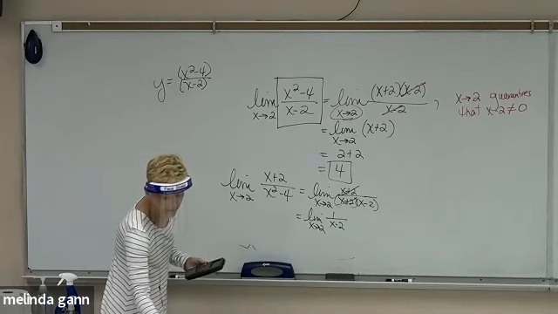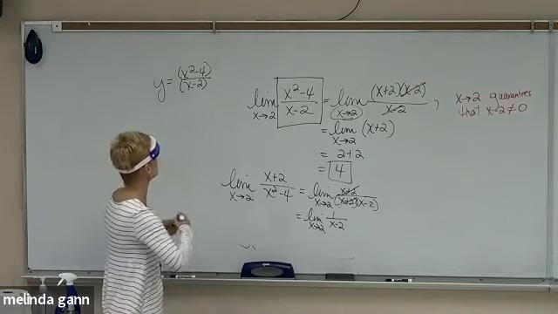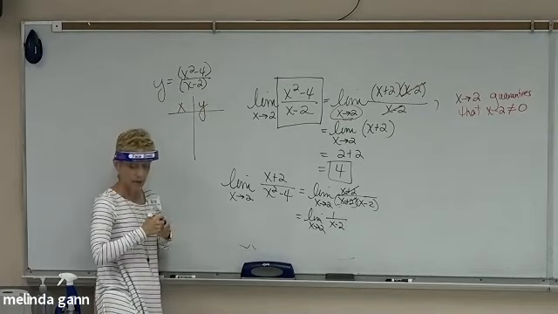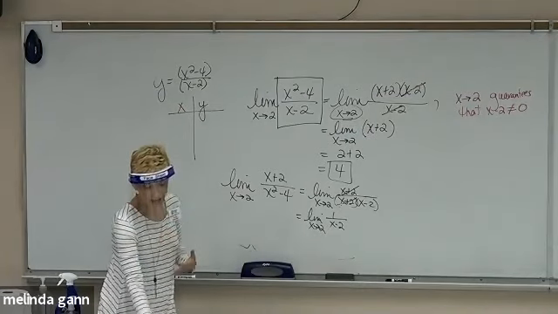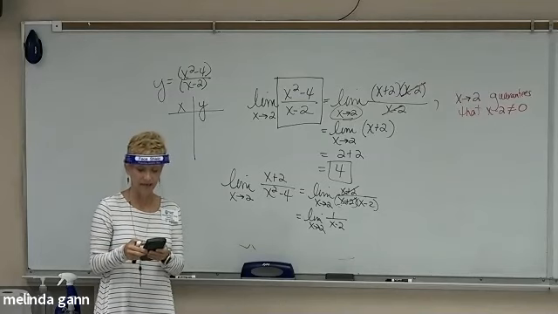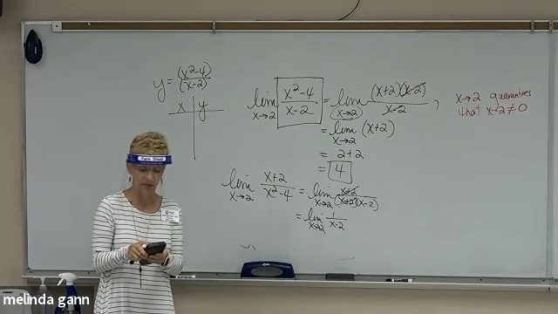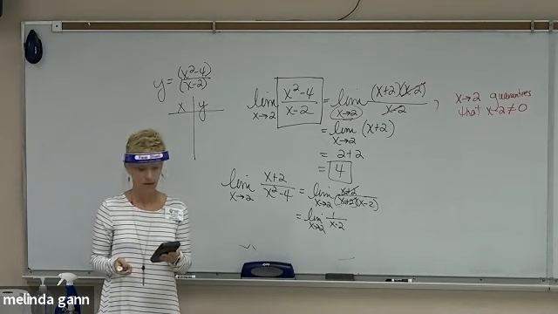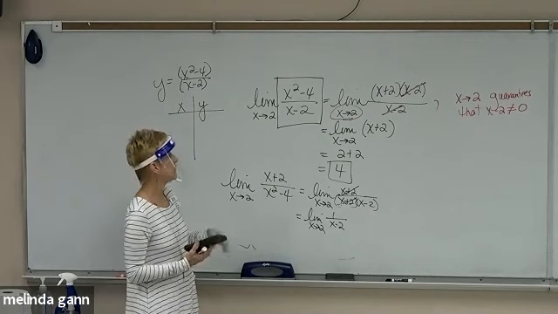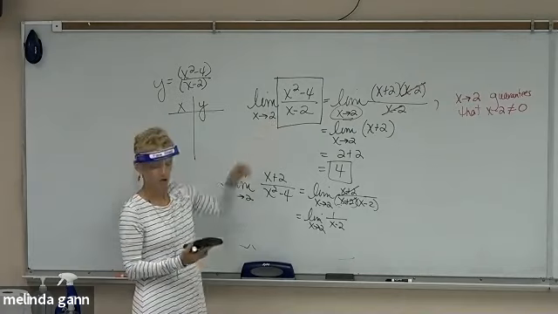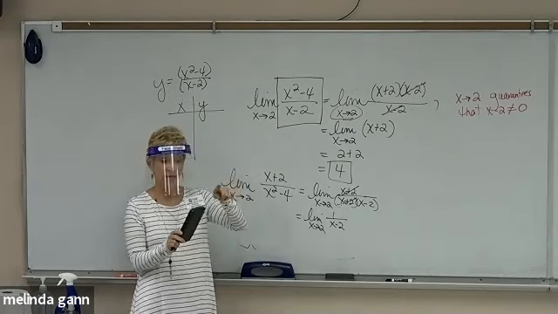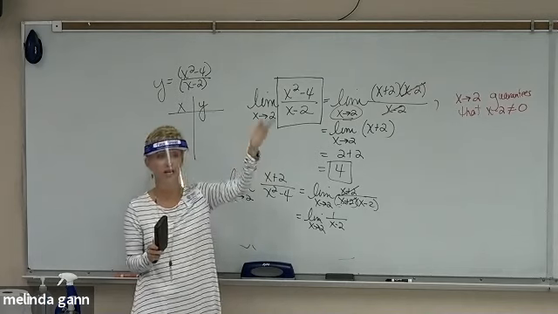Now, I'm going to go make a table. Now, I'm lazy, so I'm going to make the calculator make my table. So I'm going to go to second graph. That's my table. In other words, I'm going to go make my table. I'm just going to go second window to make my table set. You see where it says table start? So again, to be efficient, I'm just going to start it with 2. And then I'm going to go up by that delta table means what do you want the table to change by?